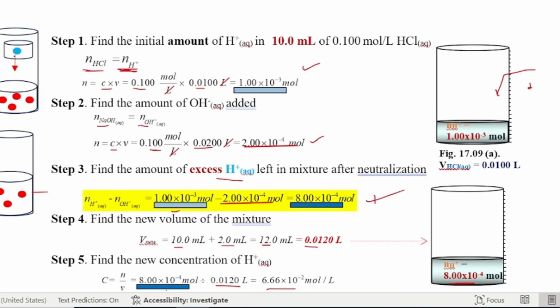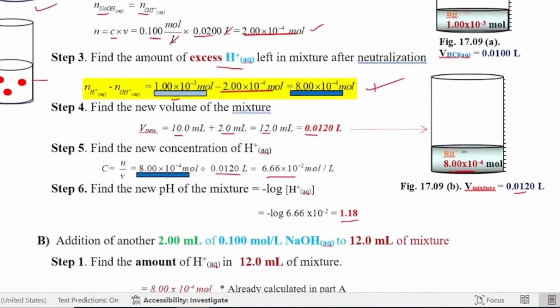When you drop that inside there, this blue ball will neutralize one of the red balls to form water. So the blue ball and the red ball will disappear. So the only thing you'll see are 3 red balls there. But this is bringing in a volume. It's coming with a volume which is 2 milliliters. So the final volume will be equal to the initial volume plus this volume that you're adding here. So this is exactly what is happening in this titration here.